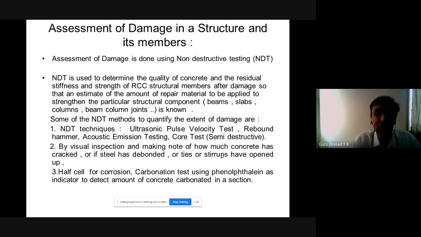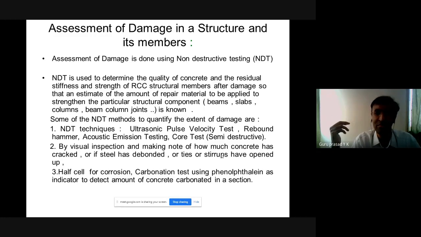Now, non-destructive testing is used to determine the quality of concrete and the residual stiffness, which also correlates to the residual strength of reinforced concrete structural members after a certain amount of damage has taken place in the member due to the above said reasons. It may be because of a small magnitude earthquake.